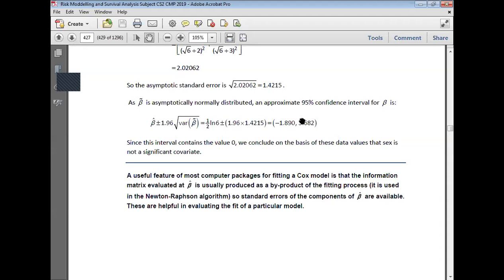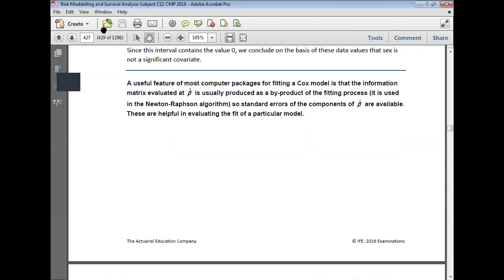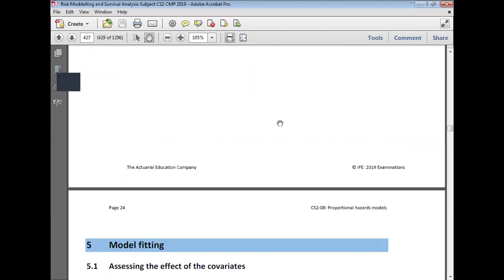Now, what kind of covariates should we include and what kind should we not include? Whether a person has a car or not, does that matter? Does that affect the force of mortality of that person? We'll check, and if we figure out that it does, then we'll ask them this question. But again, this is theoretical.